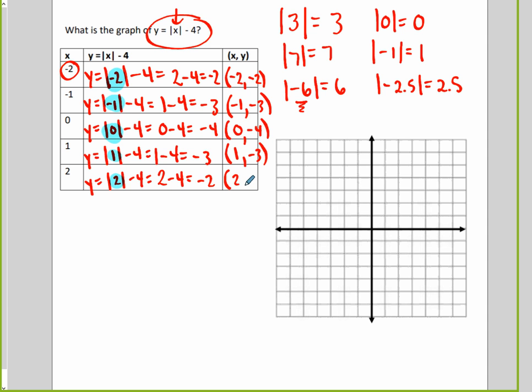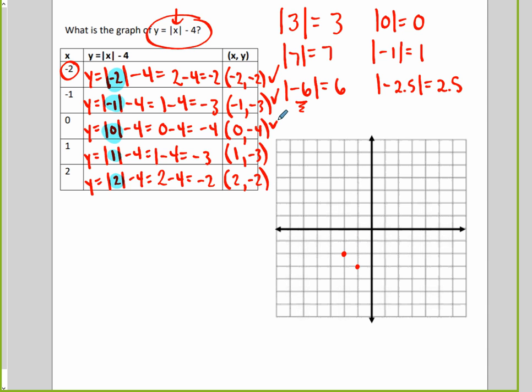All right, so let's go ahead and plot these points. Point number 1, left 2, down 2, put a dot. Point number 2, left 1, down 3. Put your dot. Point number 3, 0, comma, negative 4.